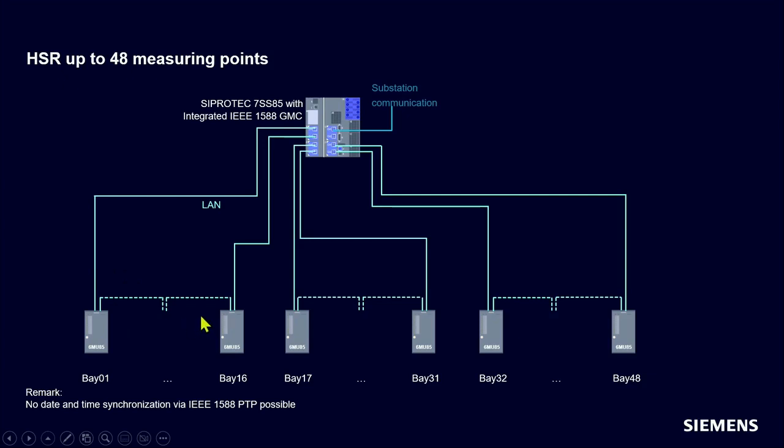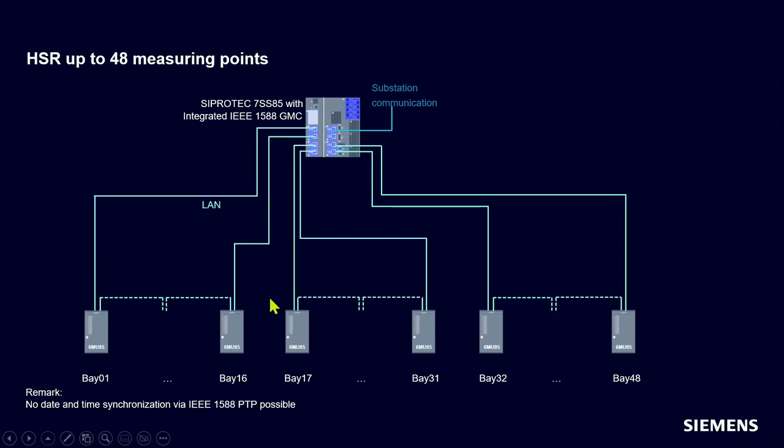It's more precise to say not up to 16 bays, it's up to 16 current measuring points. So for up to 16 current measuring points, we need 1 HSR ring. That means each Ethernet PD module in the 7SS85 can be used with up to 16 current measuring points.